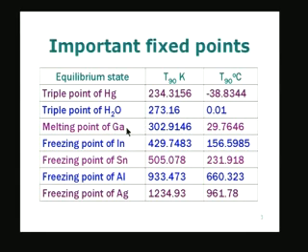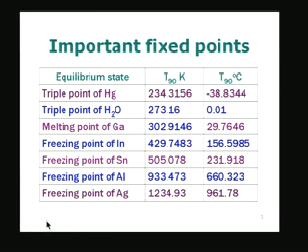Then we have the melting point of gallium, which is about 29.7646 degrees Celsius, which is very close to normal room temperature. Then the freezing point of indium, about 156.559, then the freezing point of tin, the freezing point of aluminum, and the freezing point of silver, which corresponds to 961.78 degrees Celsius or 1234.93 Kelvin.